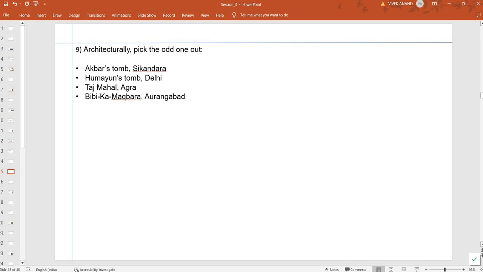And also, if you see Akbar's tomb, it has different stories. It does not have a high rising basement section like the Taj Mahal or Bibi ka Maqbara or Humayun's tomb. Am I right?